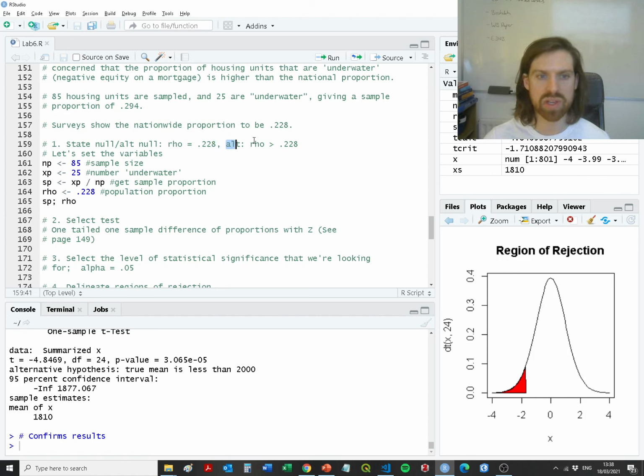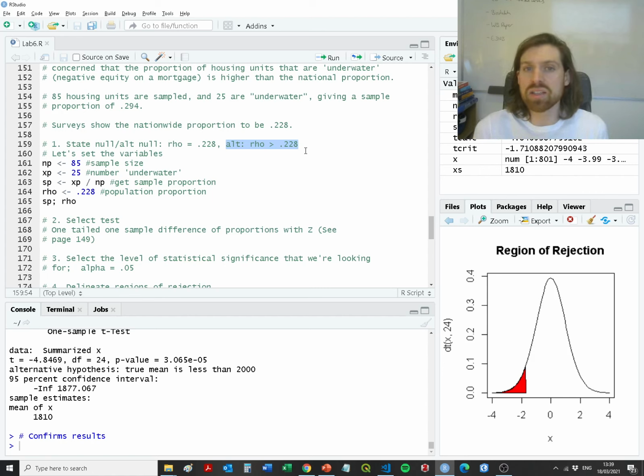But the alternative is that the proportion of residents in Middletown in negative equity is higher than the national average. By that we mean it's directional, and that means we have a very specific approach to how we state our alternative hypothesis. This very much just focuses on the proportion being higher than the national average.